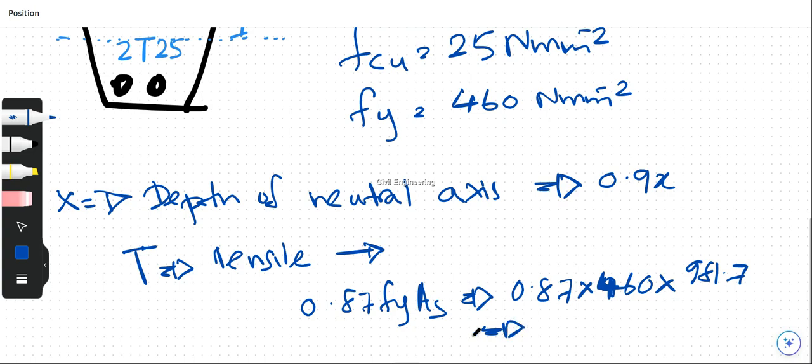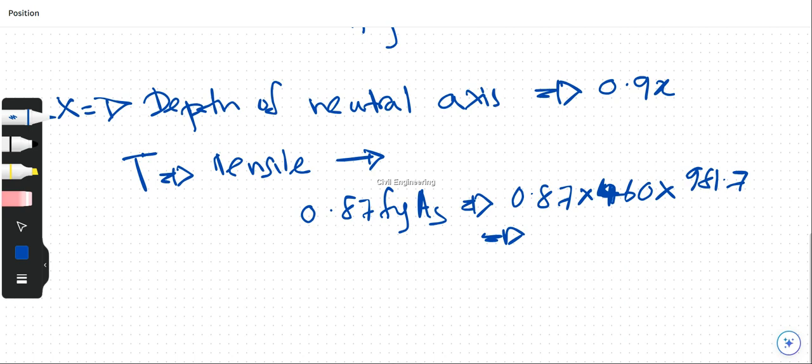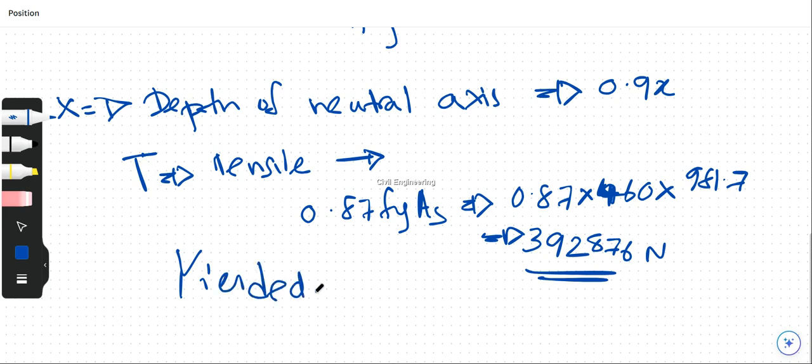By using a calculator, we can take the answer as 392,876 Newton. This is the tensile force which can be withstood by this provided steel at the yield point, or yielded state.